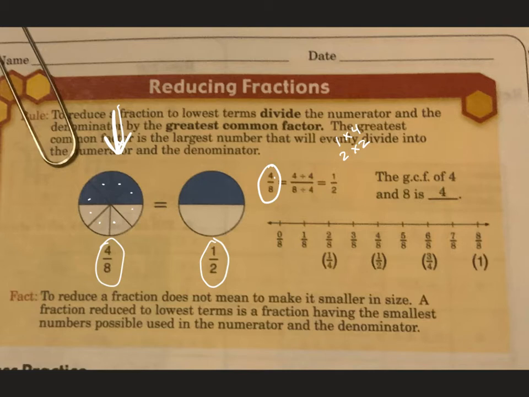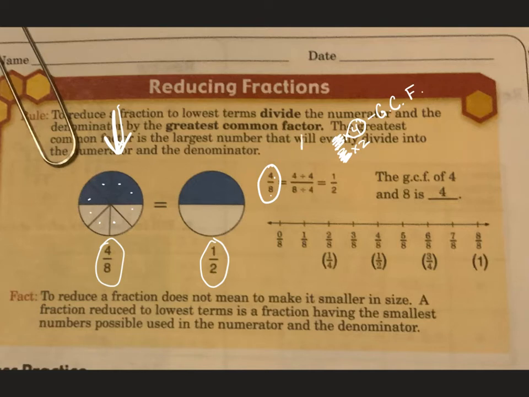Automatically, we know we're not going to use 1 and we're not going to use both 2s, so we could take those out. We have 4 and 2 left. Now, look at your denominator, 8. Yes, 8 can be divisible by 4 and by 2. But to make it quick and easy, choose your greatest common factor, and that's going to be 4. So your GCF is 4.